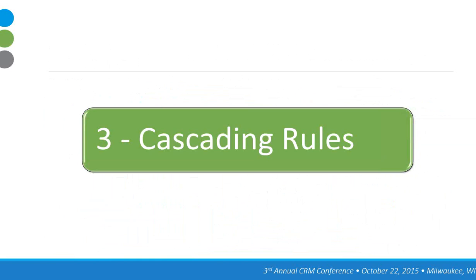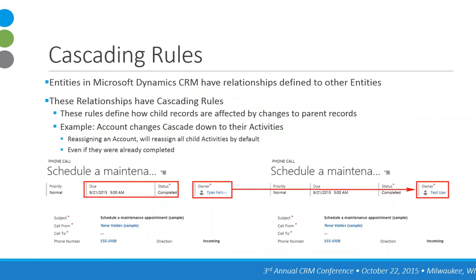The next thing I'd like to talk about here is cascading rules. Cascading rules are something that are often overlooked in most new CRM organizations. To give you an overview, entities in CRM have relationships defined to other entities in CRM. And those relationships themselves are where these cascading rules are actually located.